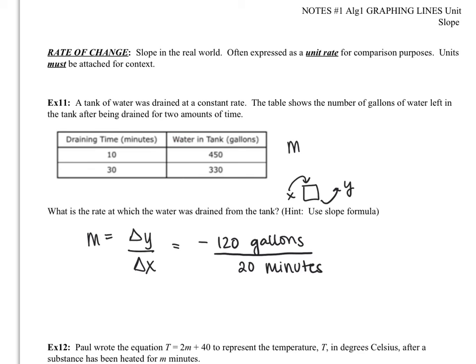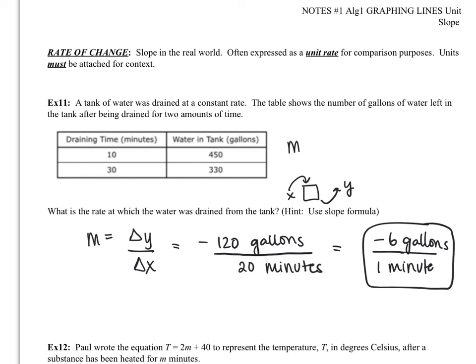We could kind of get that from this table. So what we're going to do is simplify that to a unit rate to find the rate of drainage. And so I can divide top and bottom by 20 to make that a denominator of 1. And if I were to divide -120 by 20, I would get -6. And so what this means is that this tank is draining at a rate of 6 gallons per minute.